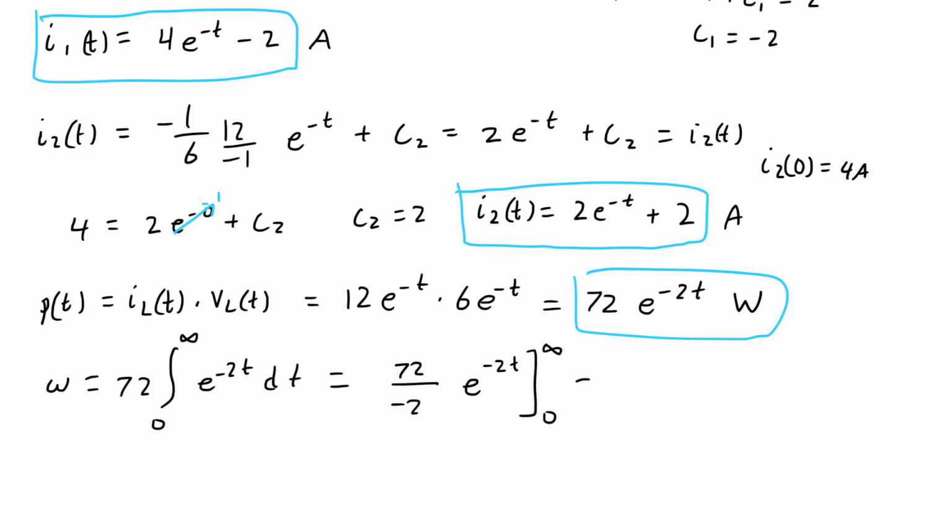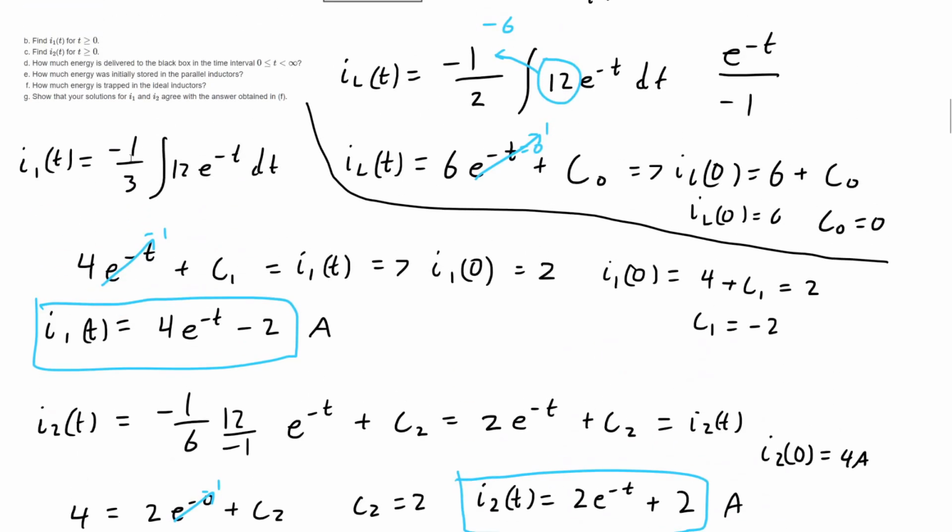So this is minus 36, and then it's 0 minus 1, so 36 joules. So that's how much is initially stored in the parallel inductors.